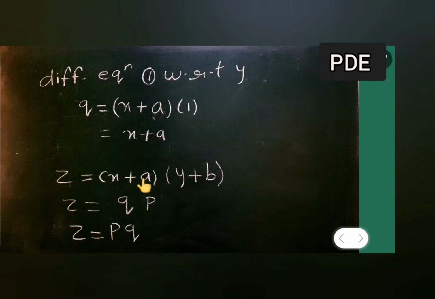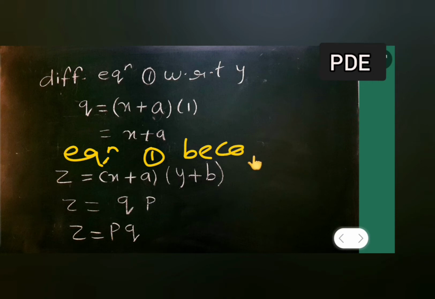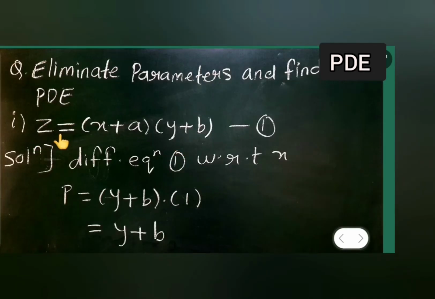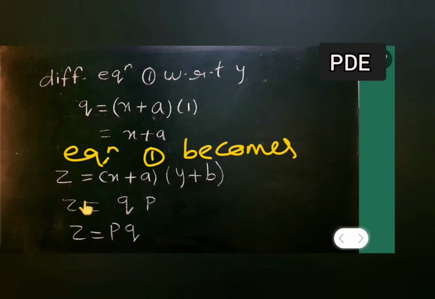Now what I have to do is, what does equation 1 become? Write down z as it is. So z is equal to (x plus a) (y plus b).